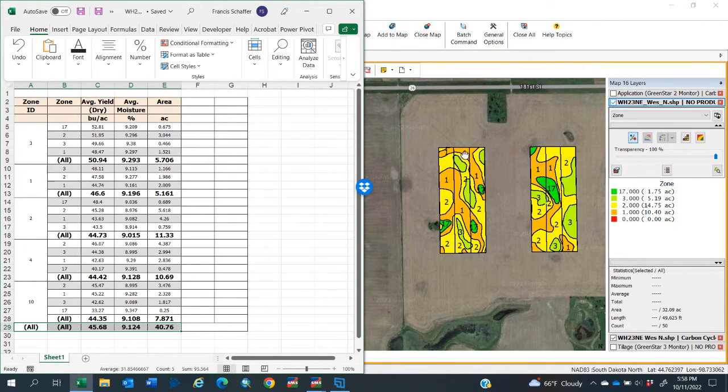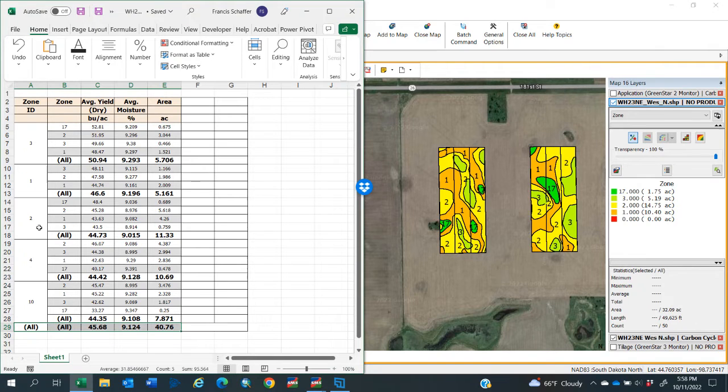Now I'm going to compare this zone 1, where there's carbon cycle, area 1, with the area 2. Area 1 carbon cycle, soil type 3, 48.1. Area 2, no carbon cycle, soil type 3, 43.5. Area 1 carbon cycle, soil type 2, 47.6.